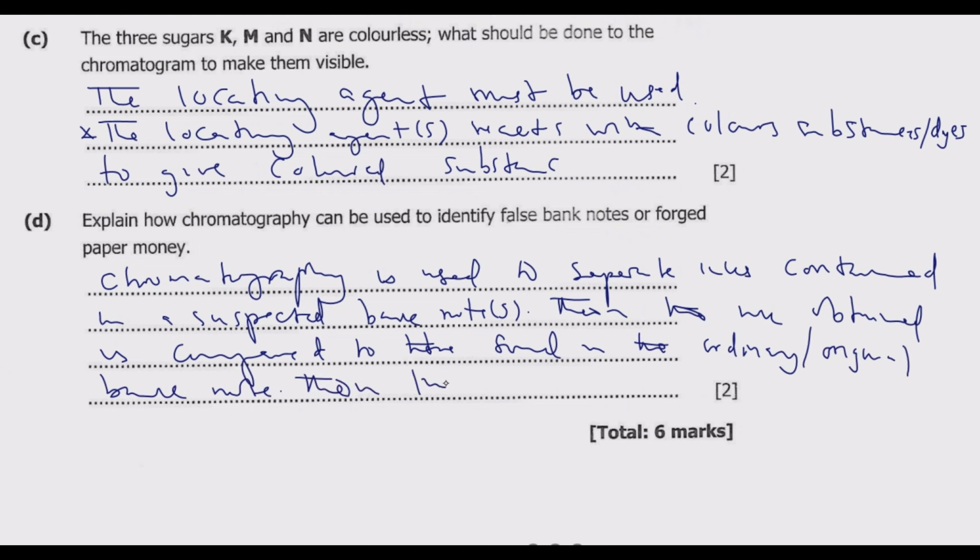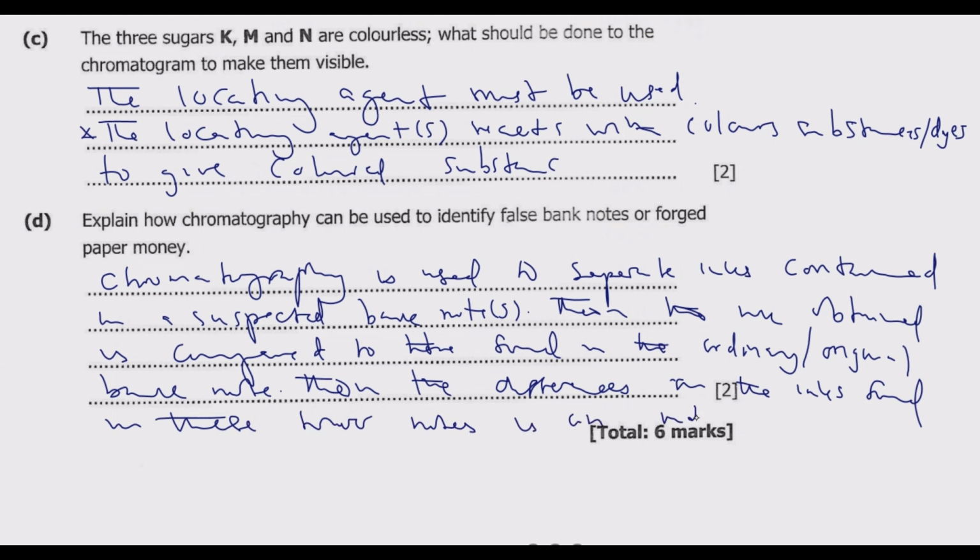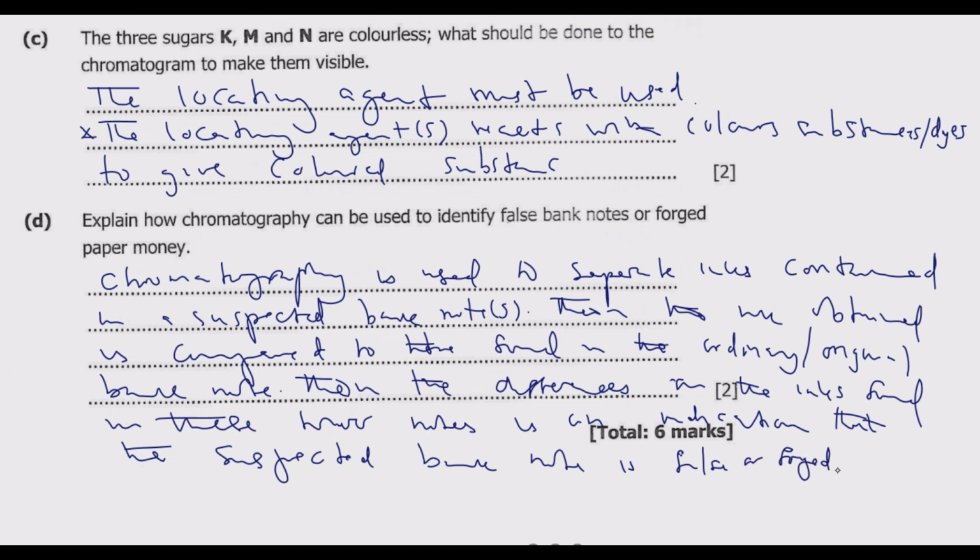Then the difference in the inks found in these two notes is an indication that the suspected banknote is false or forged, especially the ink used for signature.